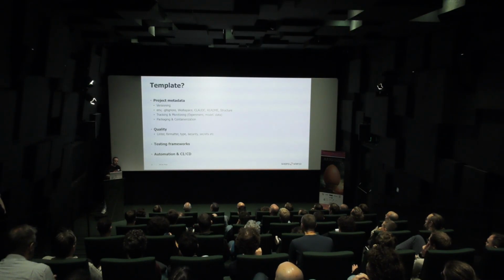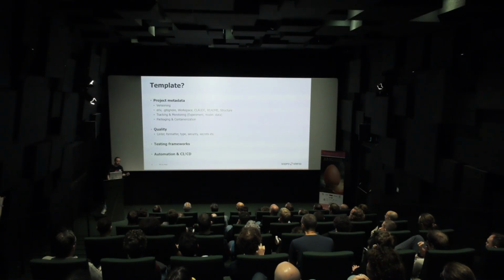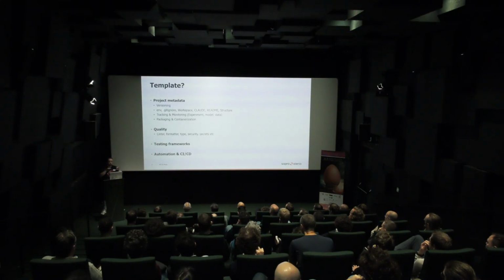But what does it contain if it's not a finished application? A template, in my opinion, should contain things related to project metadata. So things related to versioning, environment files, Git ignores, workspace settings to ensure all of your developer experience is the same. You might throw in there some Claude.markdown or agent.markdown files.